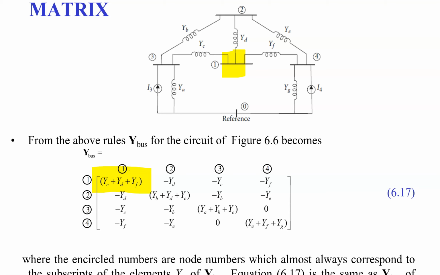And then we can of course see 3 directions. We have the 1 to 2, YB, 1 to 3, YC, 1 to 2, YD, and 1 to 4, the YF. And then you sum all these admittances in that position in itself.